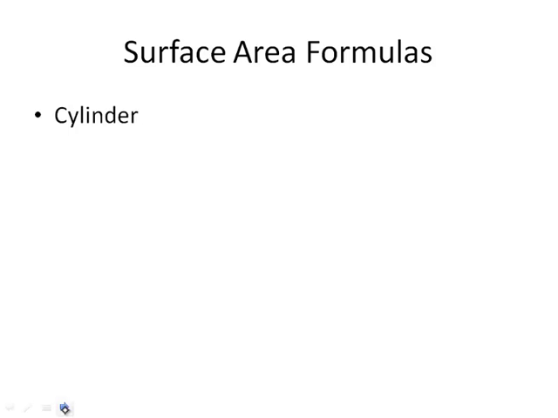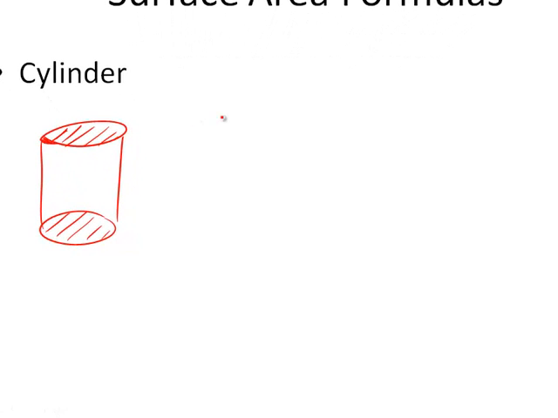Let's consider a cylinder. Cylinder's got 2 circles, like a can. So let's take apart a can. So let's say you had a can of beans and you're going to cut it open. The bottom part is a circle, the top part's a circle. If you took those circles off, you'd have 2 circles.